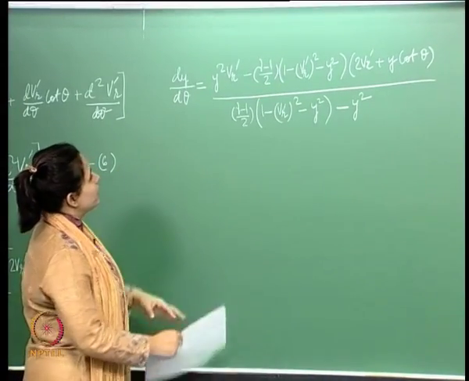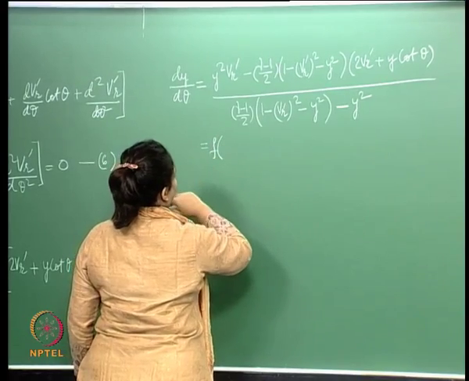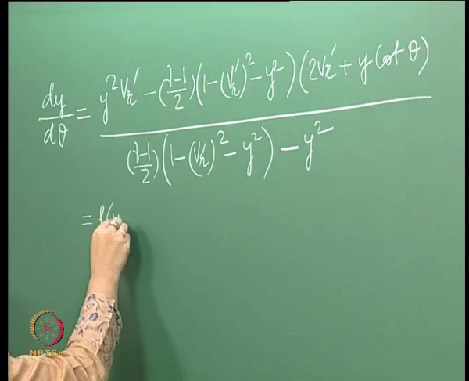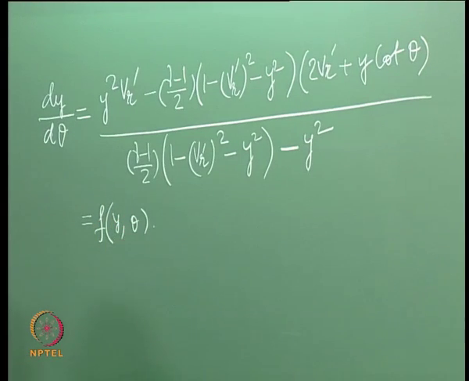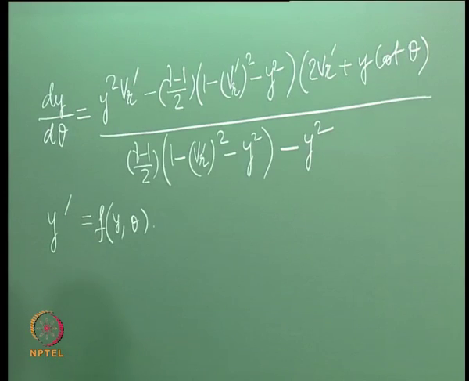What you can see is that this is a function of y and theta, so y dash, the first derivative, is a function of y and theta.